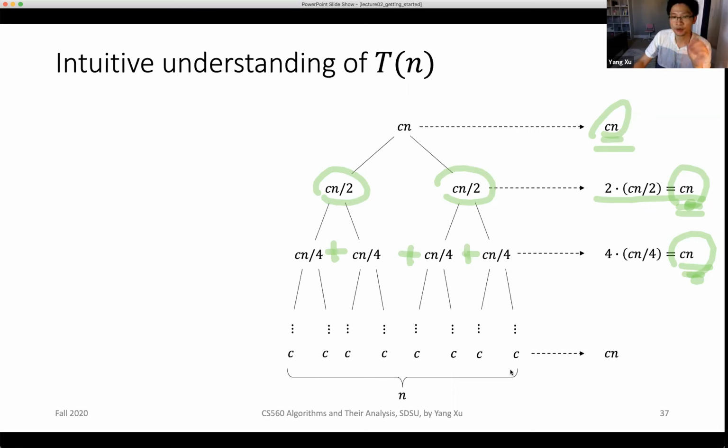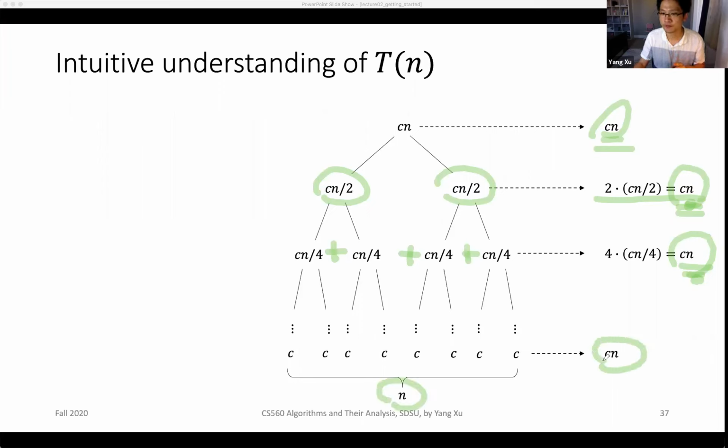And the bottom level also sums up to C times n, because it is a merge sort problem and the original input has n numbers. If we split it into the smallest subproblems that each have only one element, there must be n of such problems.